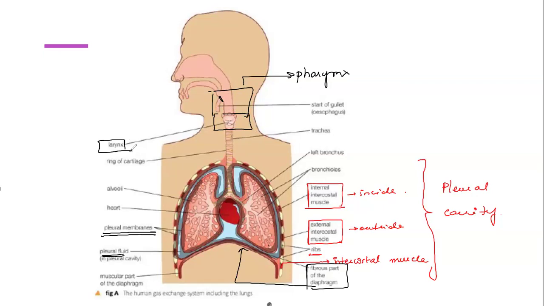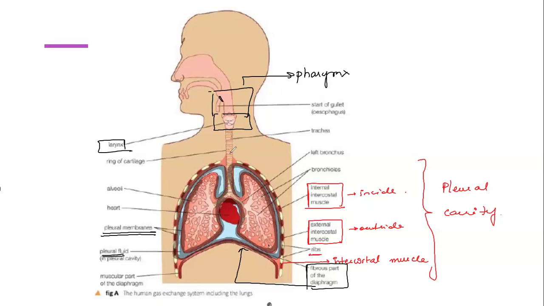Okay. Now, the nasal cavity continues to give us our trachea. What is the trachea? The trachea is basically your tube that connects the nasal cavity to the lungs.